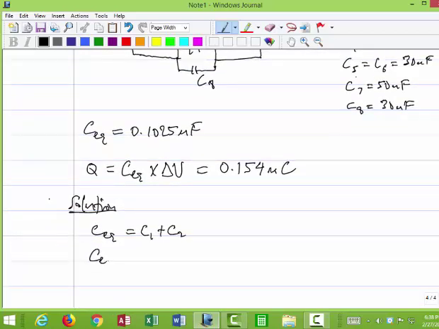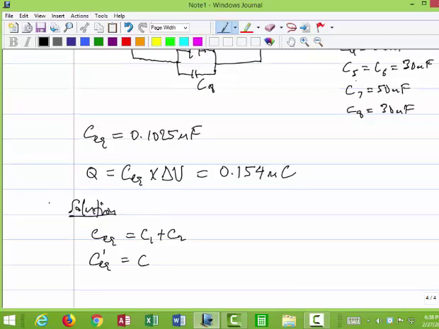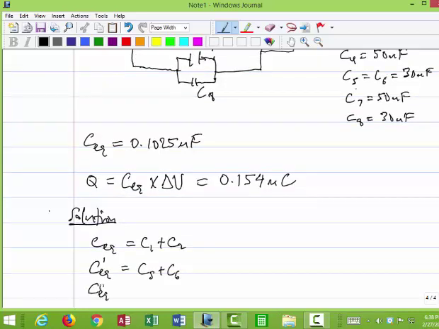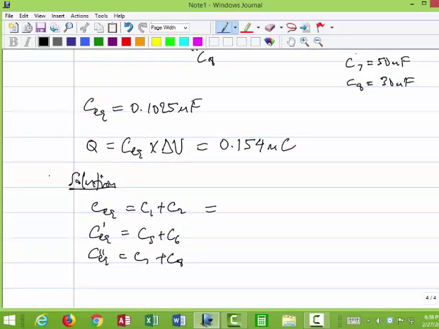And then we'll do C equivalent prime, which will be C5 and 6, and then C equivalent double prime will be C7 plus C8. So C1 plus C2 is what? 50 microfarads. Okay, C5 plus C6: 60 microfarads. And C7 plus C8: 8.